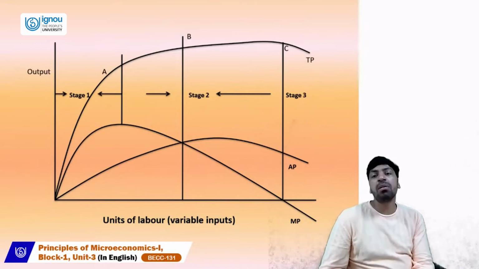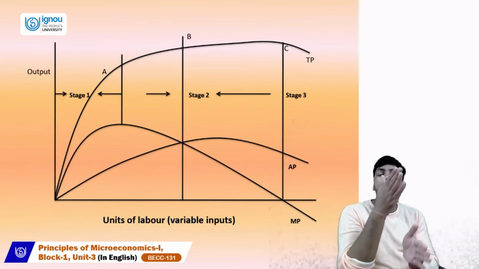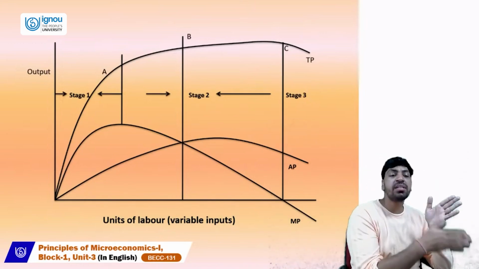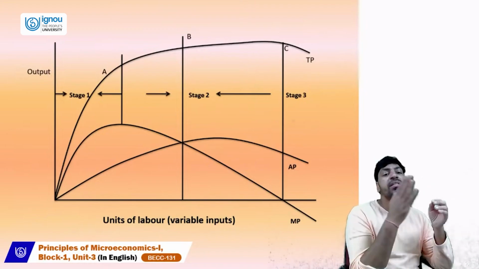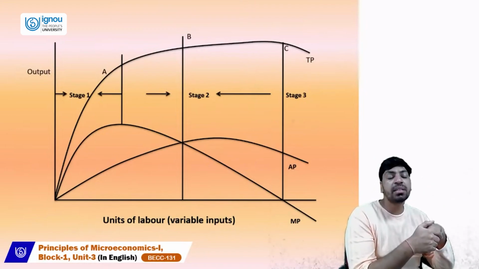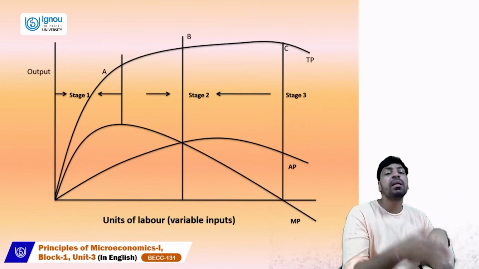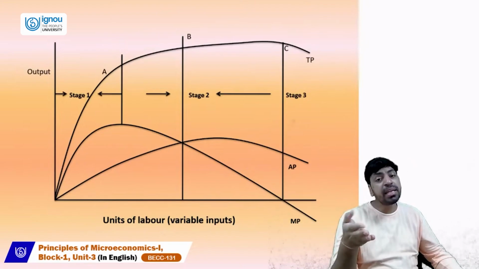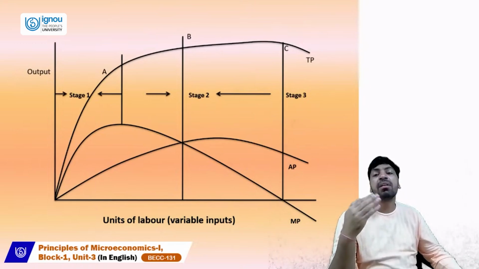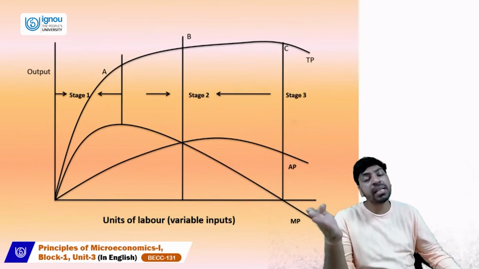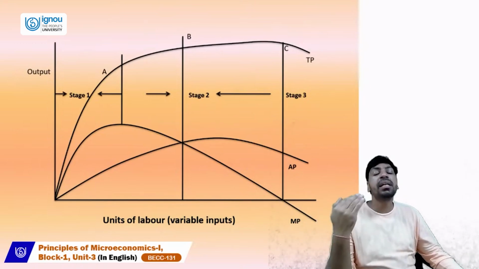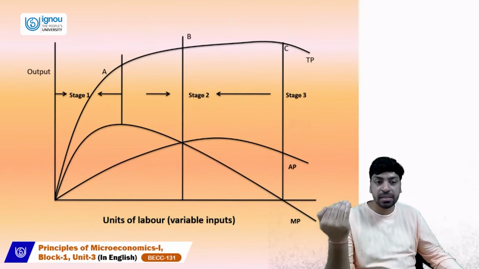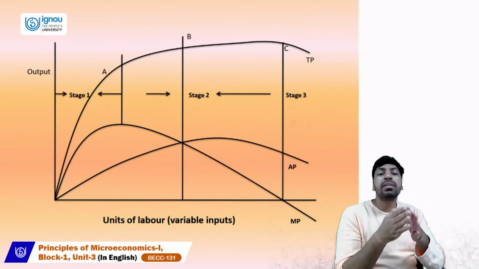and that's called the law of variable proportion: the level of output increases at an increasing rate. After a certain point, the level of output will become constant, and after a certain point, the level of output will start declining at a decreasing rate. And that's called the stages.